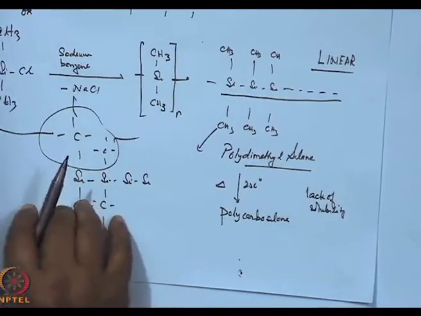The difficulty is there was incomplete reduction always. That is, this reduction was always incomplete. And what we had was a complex mixture of products which were of no use to us.